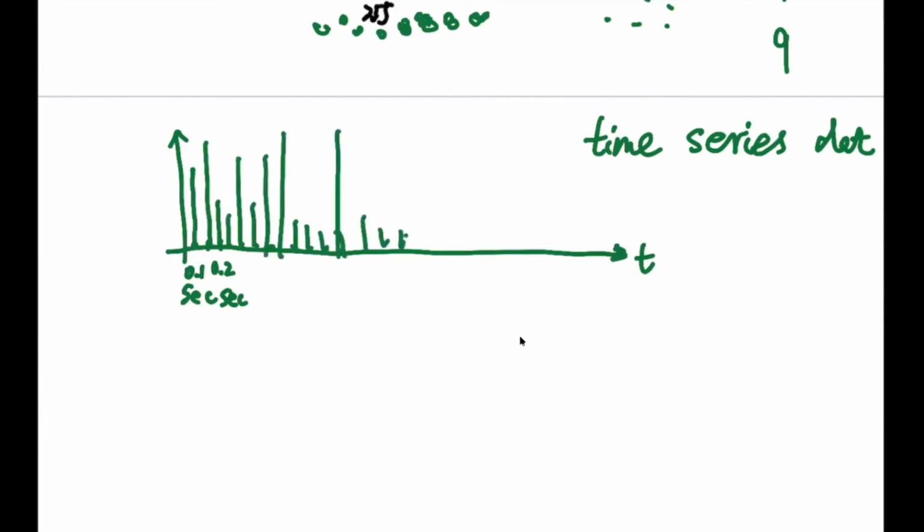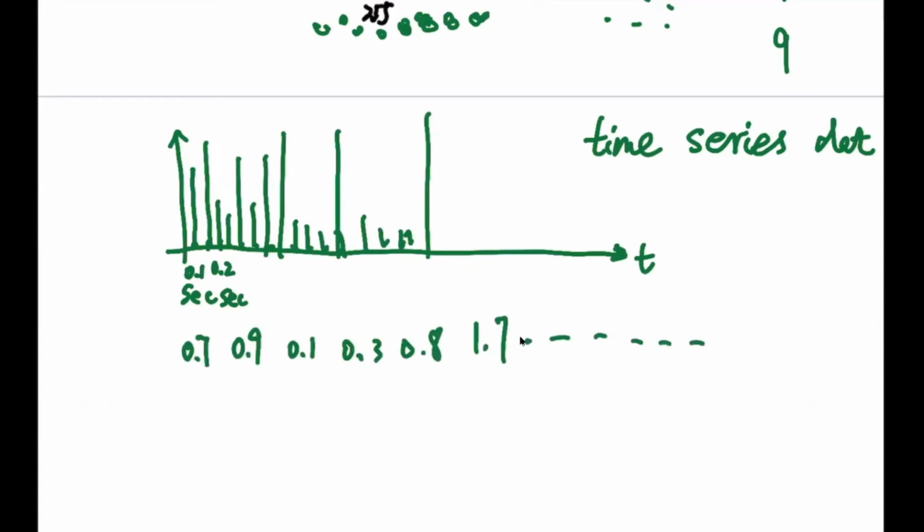And this will correspond to a number. Say maybe the first number is, I don't know, 0.7, or the next one higher 0.9, and 0.1, 0.3, maybe 0.8 or 1.7, a series of real numbers.